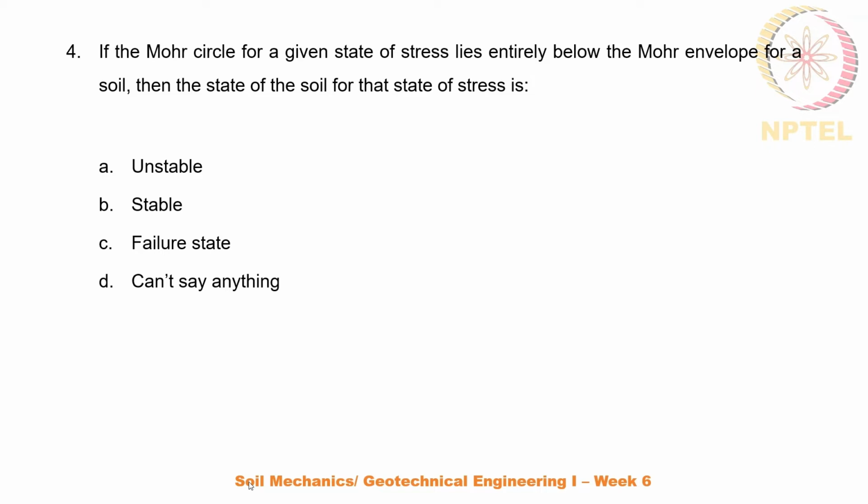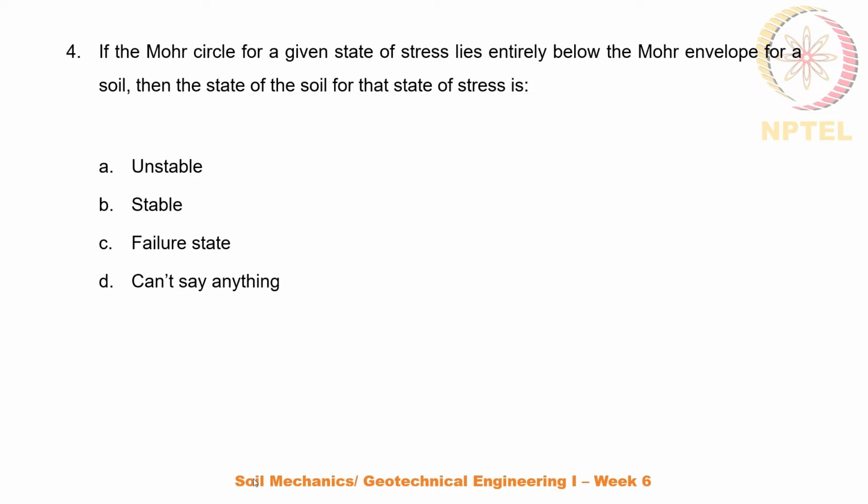So we have a failure envelope, and our Mohr circle for this particular soil lies entirely below the Mohr envelope.